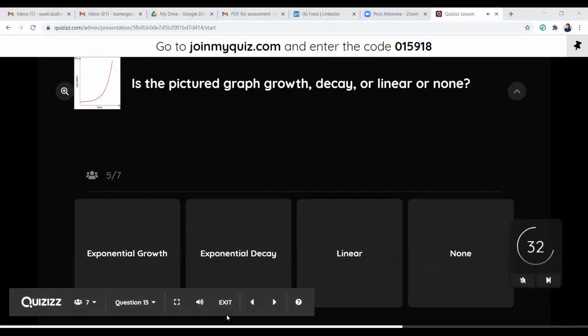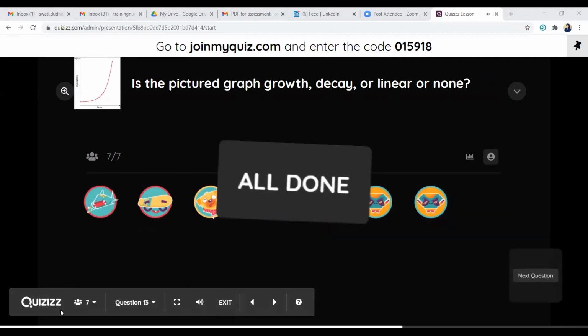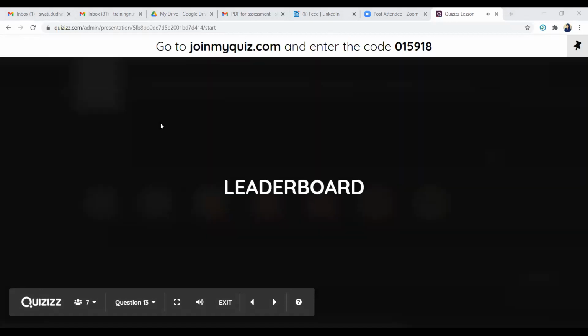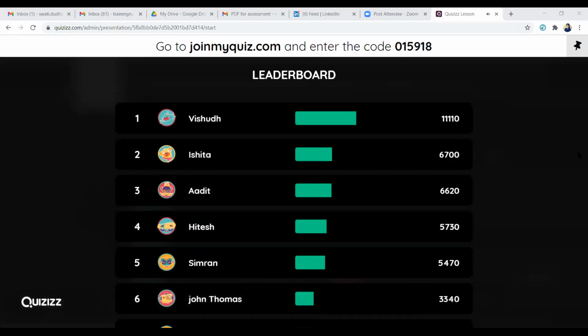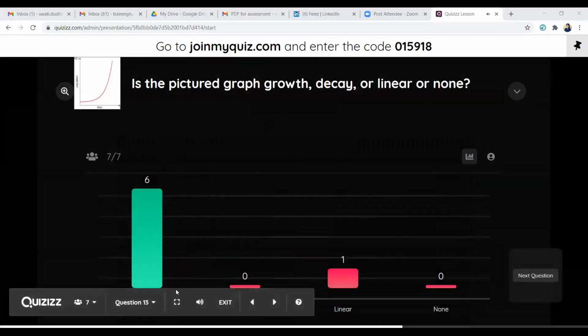Very easy question. So yes, it is exponentially growing. Exponential growth. So 6 of us have answered correctly.